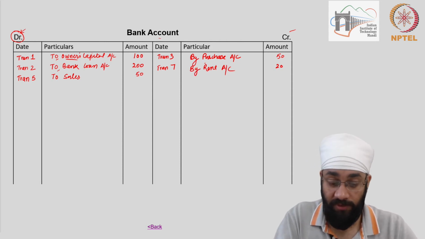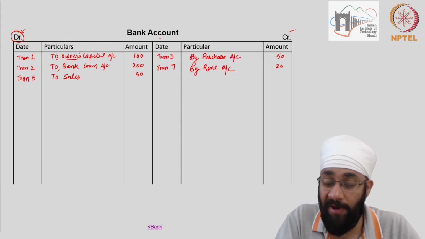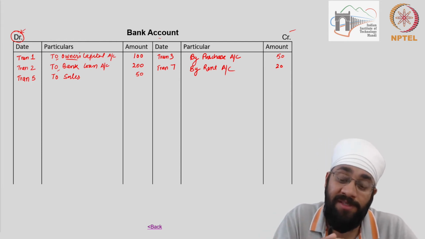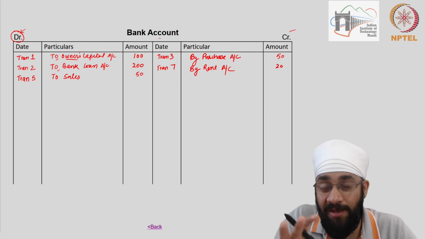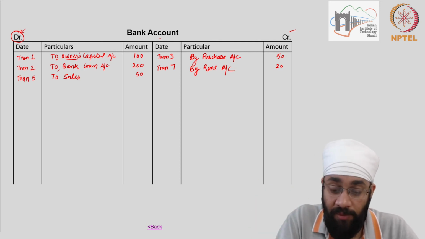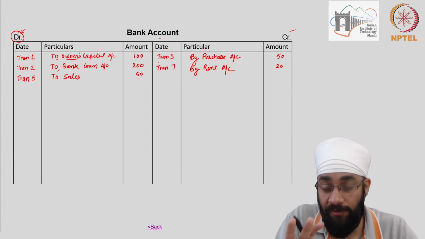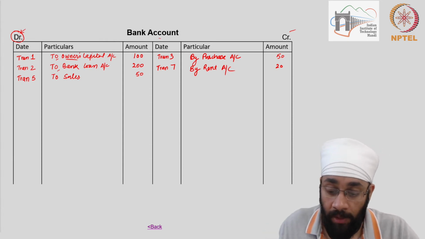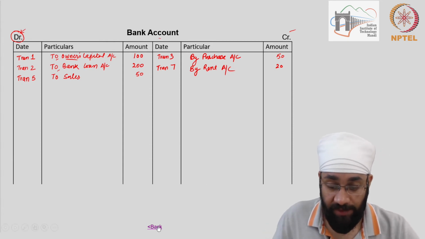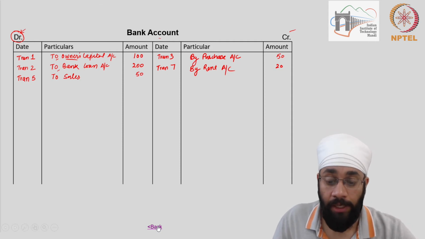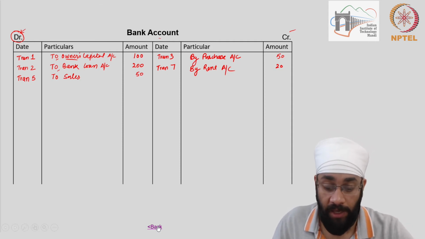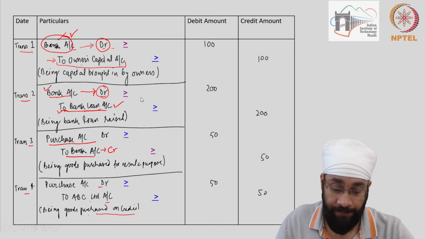For no specific meaning. You could just remove "by" as well, but when you go to textbooks you will see "to" and "by" on both the sides, so don't get confused there. They don't have any logical scientific meaning, just a convention. So there you go, transaction 7 has been posted into the ledger for bank account.